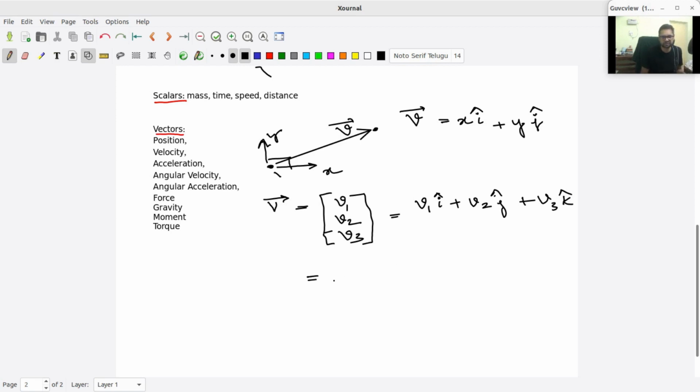Or we can also write a vector as the magnitude times the direction, where the magnitude of v is nothing but the square root of v1 square plus v2 square plus v3 square, and the direction vector is the unit vector along your vector.